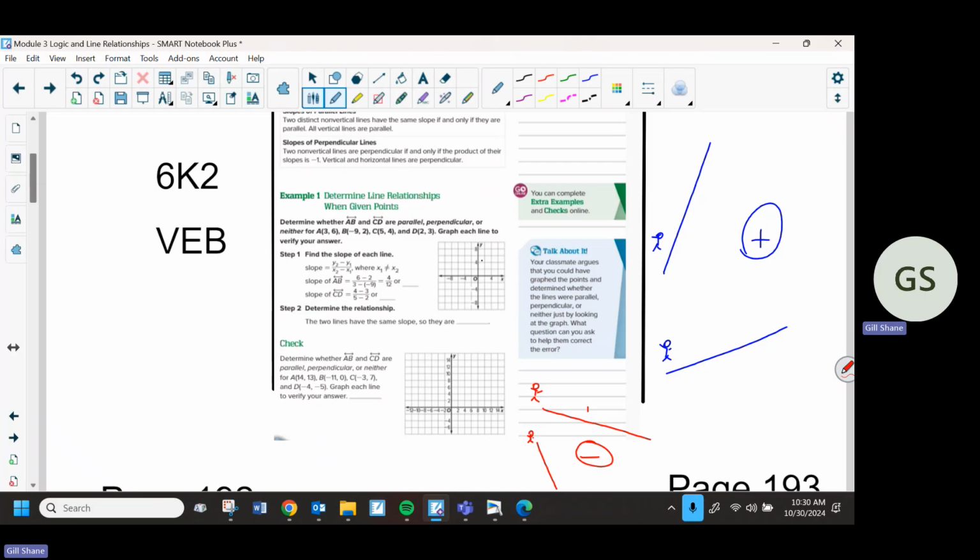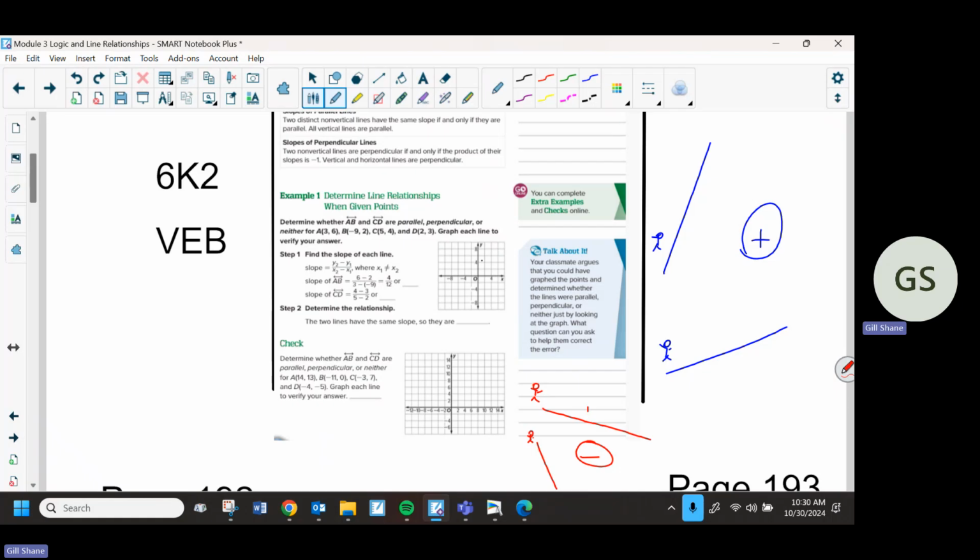Anybody have an idea what a slope of 1 is? When we graph slope, how did we graph using the slope? What's the formula for slope? Not the y2 subtract y1 back, that's the whole equation. It's rise over run. How far right or left do we go, and then how far up or down?